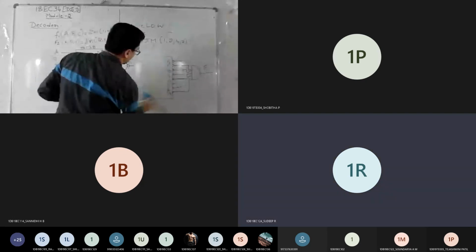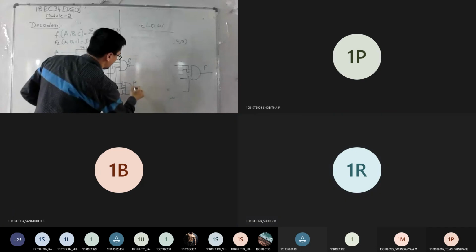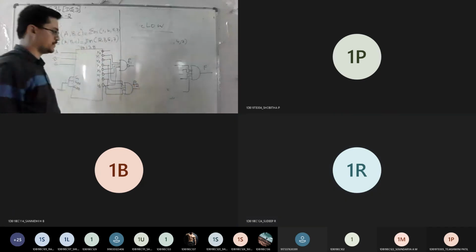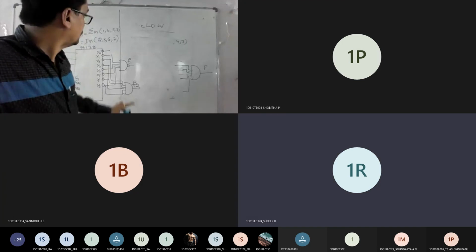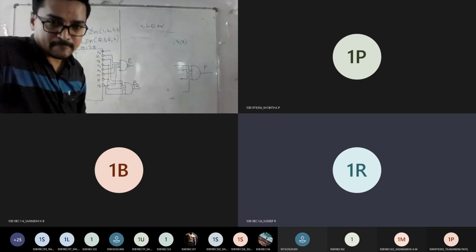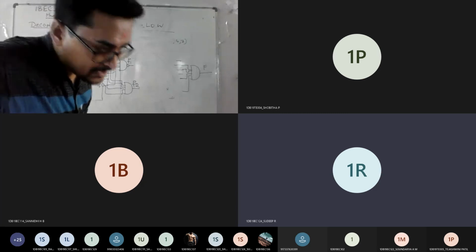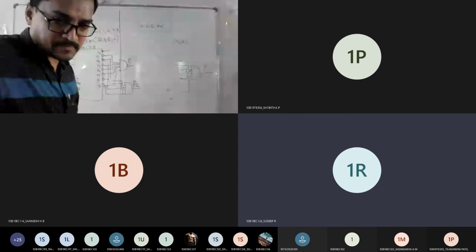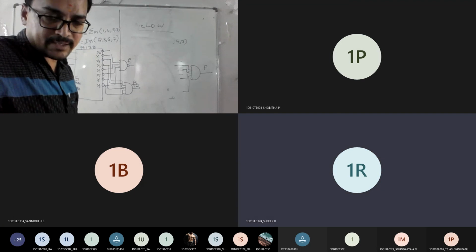Am I clear with this step, everyone? So this is your AND gate, mentioned as function 2. Any doubts, anyone? Am I clear till here?